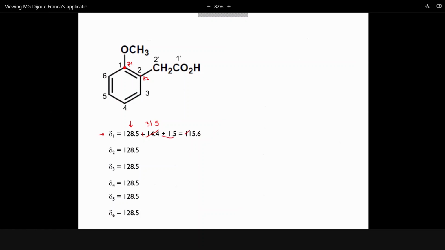So the theoretical chemical shift will be calculated as 161.5 ppm. Do you want to try for carbon 2?